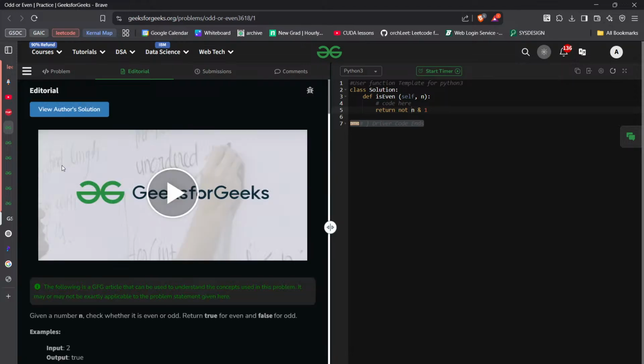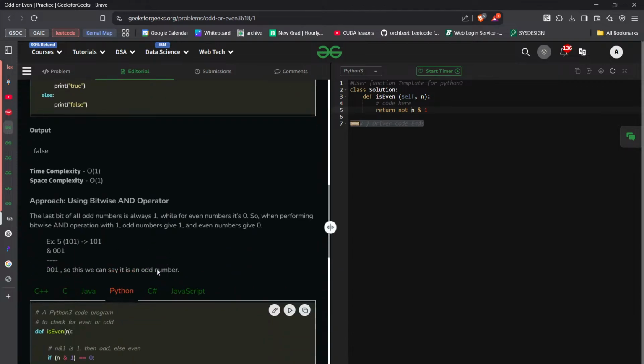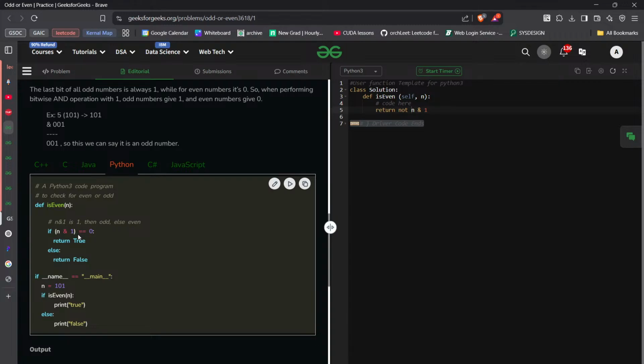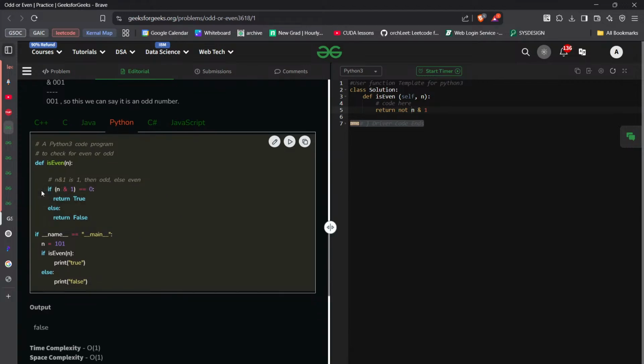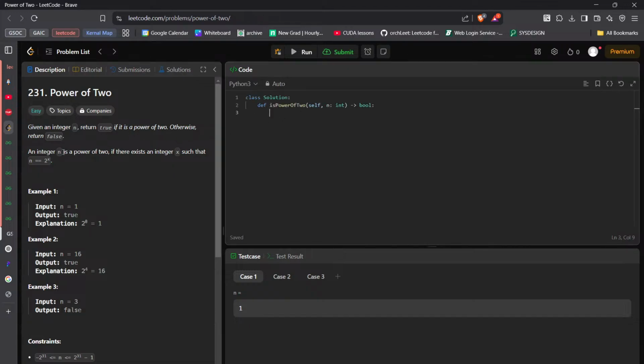Let's see what their editorial says. Okay. Check if a number is a power of 2 or not. Given an integer, return true if it is a power of 2, otherwise return false.